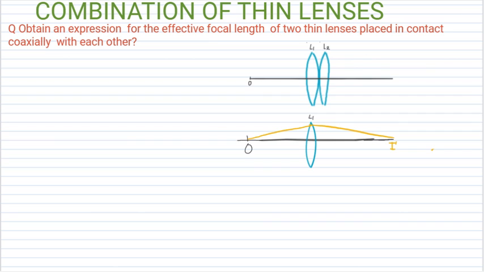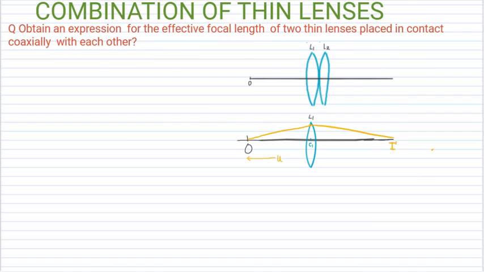Now in this case, the distance from the object O to the center of this lens, let us denote it by C1.